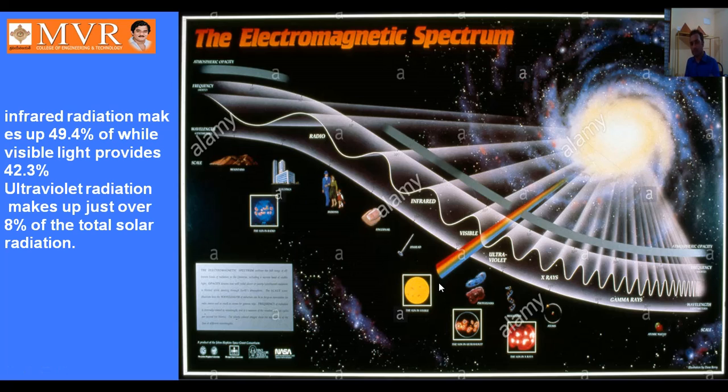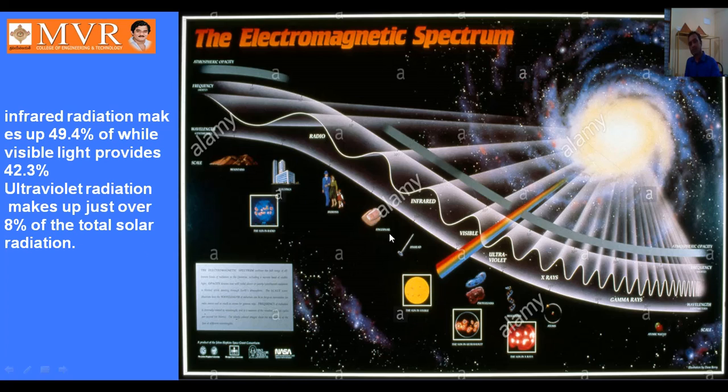Not only the visible region, the infrared region also: 49.4% of the sun's energy reaches the earth surface in the IR region of the electromagnetic spectrum. This is the infrared region, and this radiation also reaches the earth surface. Ultraviolet radiation makes up just over 8%, so 8 or 9% of UV radiation reaches the earth surface.